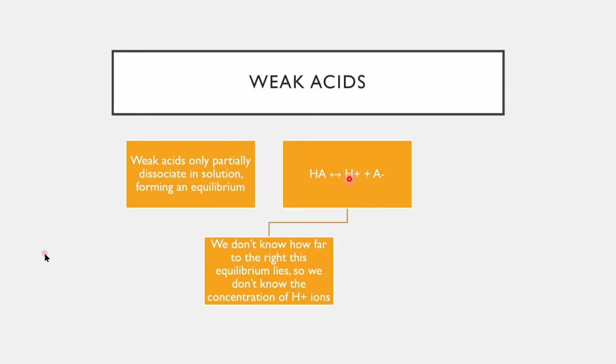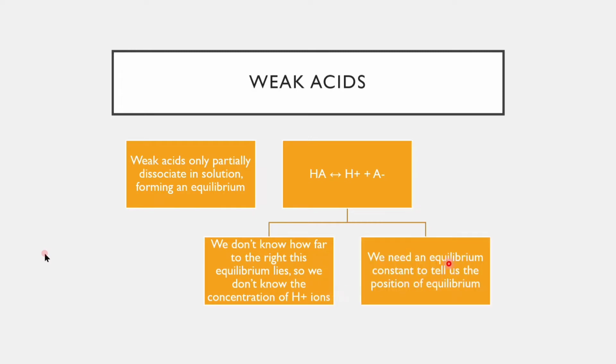However, because we don't know how far this equilibrium lies to the right, we don't know how many of our molecules actually donate their hydrogen ions, so we don't know how many moles of hydrogen ions we actually produce. So we cannot calculate the concentration of H+ ions in this way. We need an equilibrium constant to tell us the position of equilibrium, so that we can then work out our concentration of H+ ions.